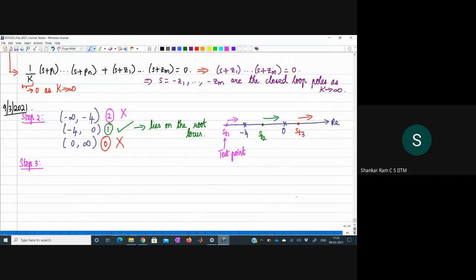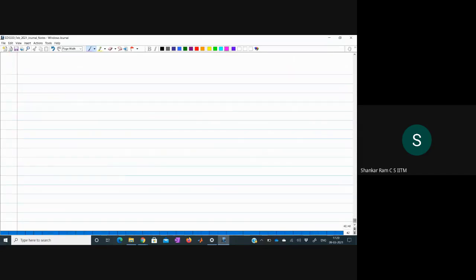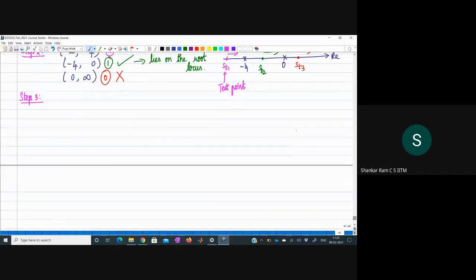Let me draw a very simple schematic and explain it to you. Suppose I draw the complex plane, and I consider a scenario wherein I have an open loop pole at minus P1 and an open loop zero at minus Z1.